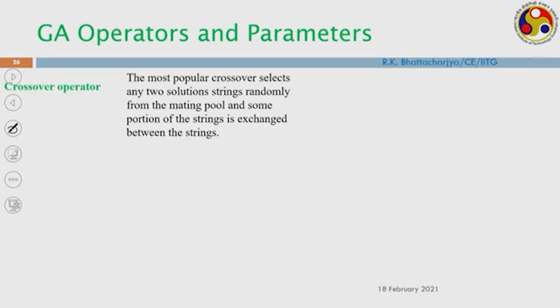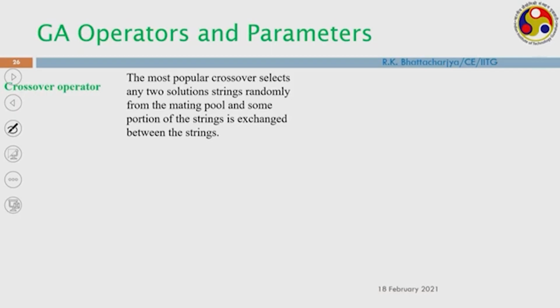Now, the crossover operator. So, what is the crossover operator? The most popular crossover selects any two solution strings randomly from the mating pool, and some portion of the string is exchanged between the strings.